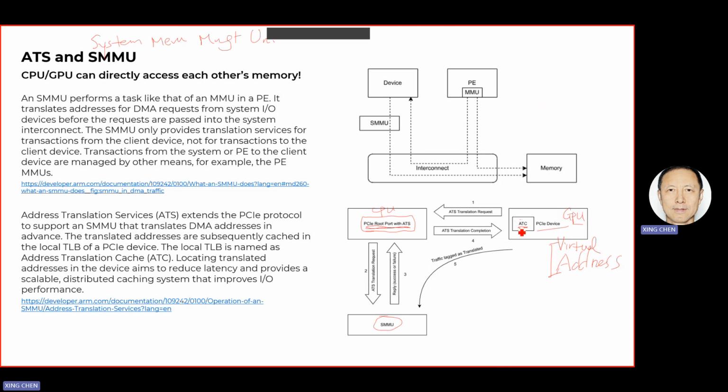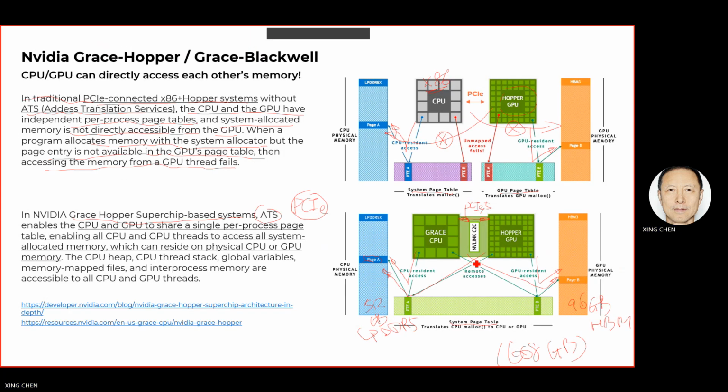So right now, the GPU has the virtual address translation done, and it is located in its cache. Right now, the GPU can use this translated hardware address to access the memory. This is the ATS. The ATS is here.